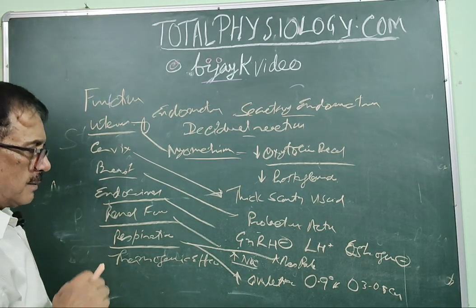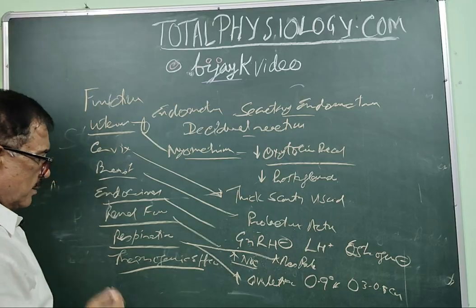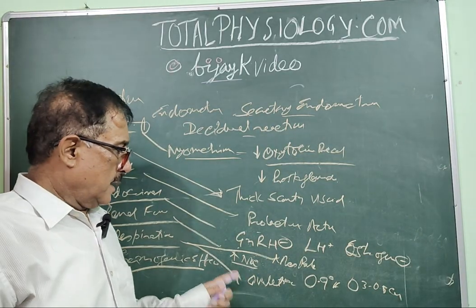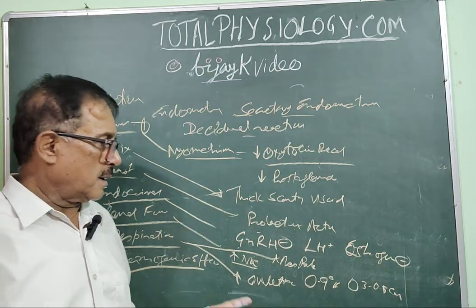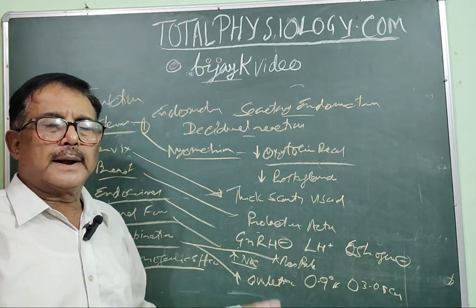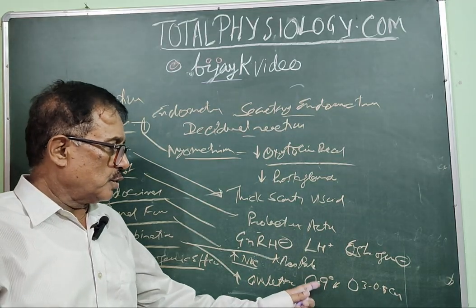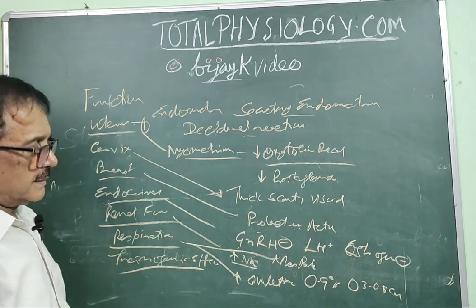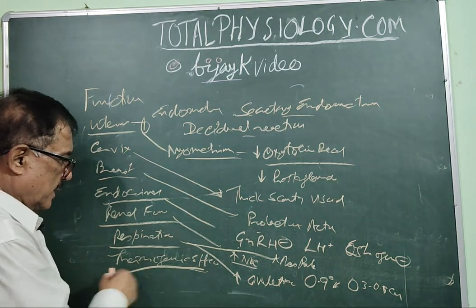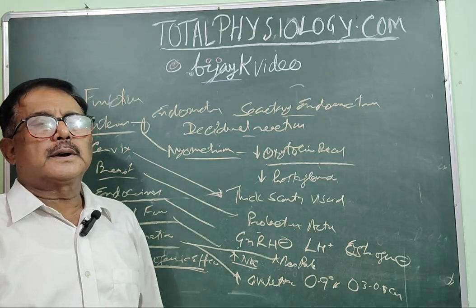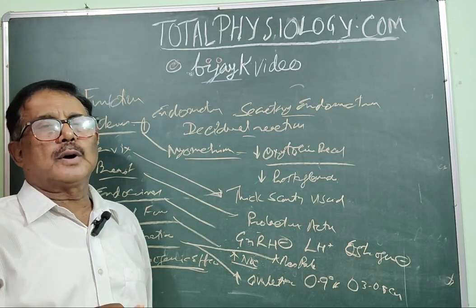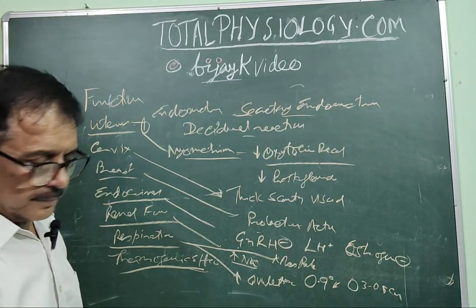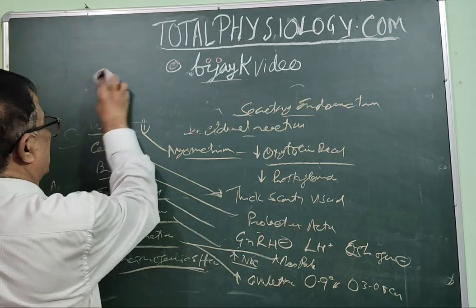The thermogenic effect acts on the preoptic area of the hypothalamus and causes an increase in body temperature. Basal body temperature at ovulation increases by 0.9 degrees Fahrenheit or 0.3 to 0.5 centigrade, and this thermogenic effect is used to determine the time or day of ovulation. This is about the functions of progesterone.